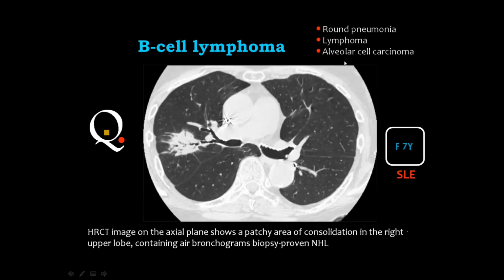And many times we can resort to the biopsy to reach the diagnosis. Of course, you know, there are many supportive findings to assess the possibility of alveolar cell carcinoma, especially whenever you see an obesity with adjacent pulmonary nodules.